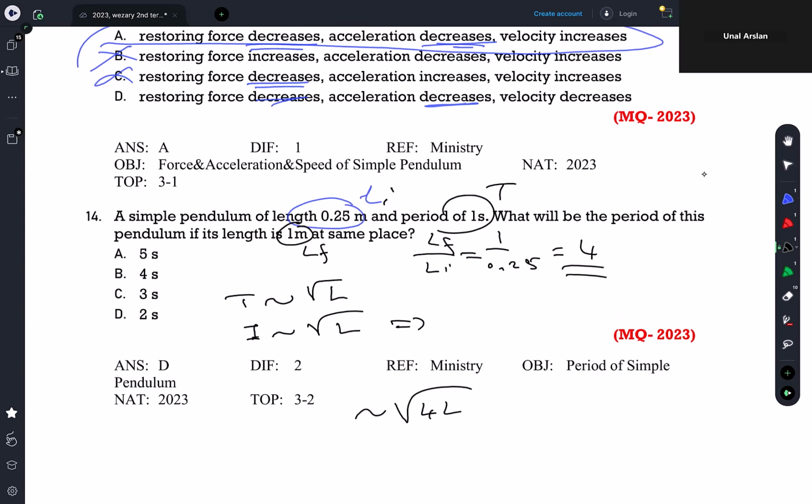Because it's a root, take the root of 4, and it's going to be 2 times root of L. Root of L, we said, is 1. So 2 times 1 is 2 seconds. If length increases by 4, because there's a square root, the period increases not by 4 but by root of 4, which is 2. So D is the answer.